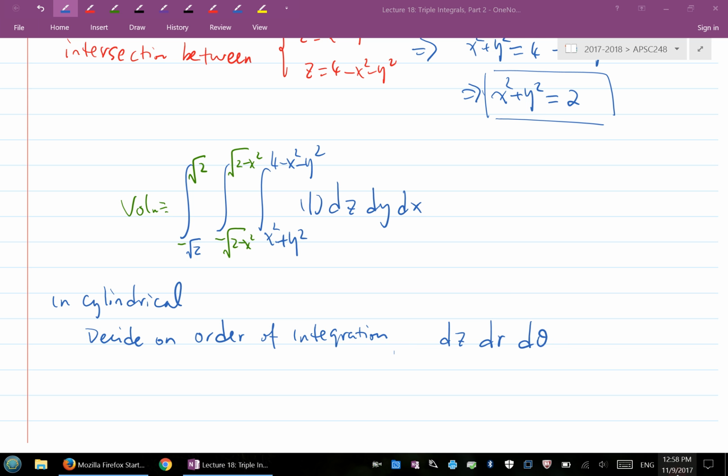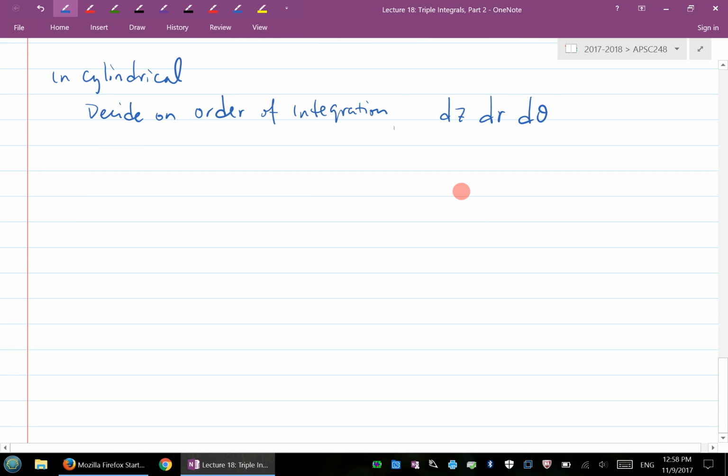So I'll demonstrate what the procedure is to find the limits for z, r, theta if I use dz, dr, d theta. Let me redraw this region here, so as not to confuse it with the Cartesian coordinates.